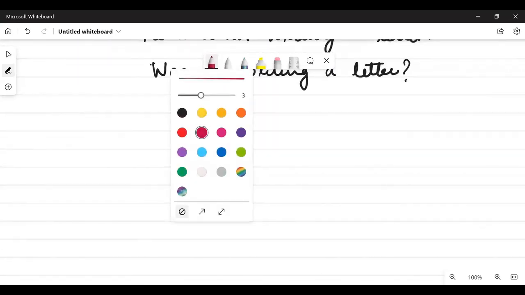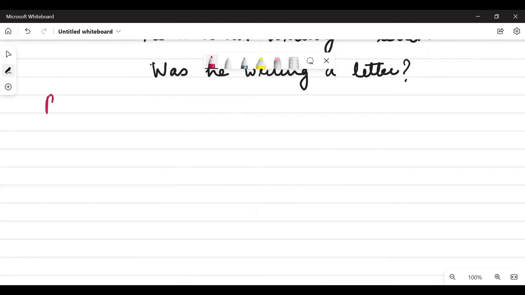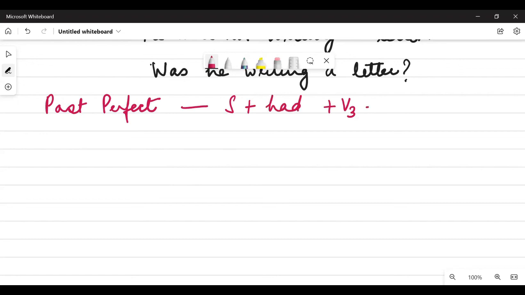Now look at the next one, that is past perfect tense. So whenever it is past perfect, we always use third form of verb, and as it is past, the past form of has and have is always had, and third form of verb and object.